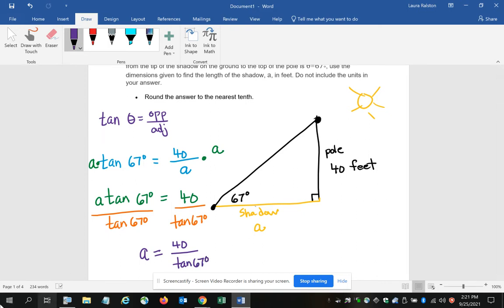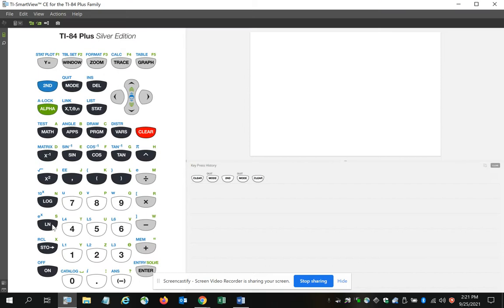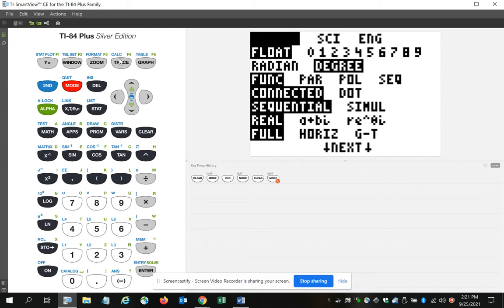Then I need to go out to my calculator, and a couple of things. One, you want to check the mode on your calculator by pressing the button that says mode, and you want to make sure that you're in degree mode because the measurement of the angle was given to you in degrees, which is the third line there. Degree is highlighted in black, which shows me that I'm in that mode.